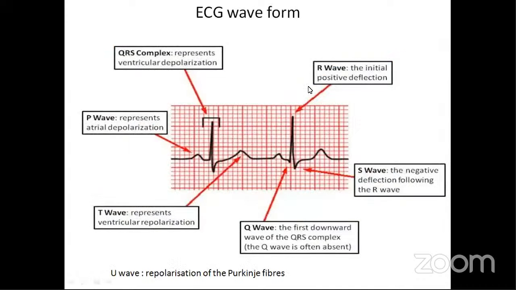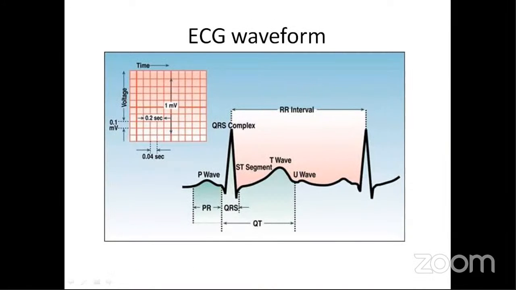So it is recorded, and it is shown here with the help of a big box. So the P wave, QRS wave, T wave and U wave. There is an amplitude and a time interval for this ECG waveform.